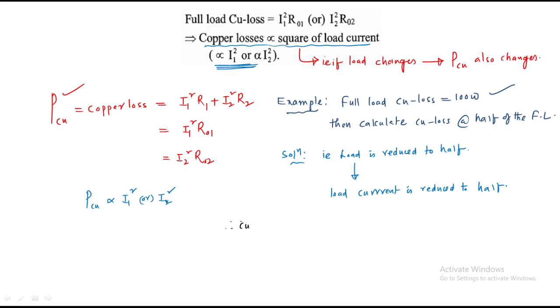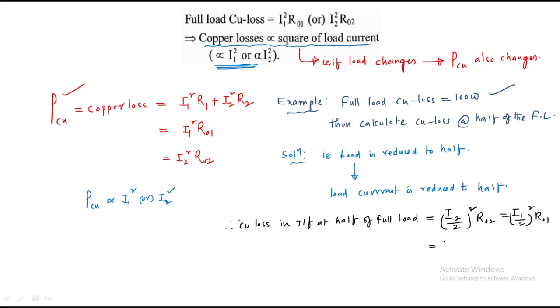Therefore, copper loss in the transformer at half of full load is nothing but what? The current is I2 by 2, whole square into R02, which is equal to I1 by 2 whole square into R01, which is equal to 1 by 4 into I2 square R02.